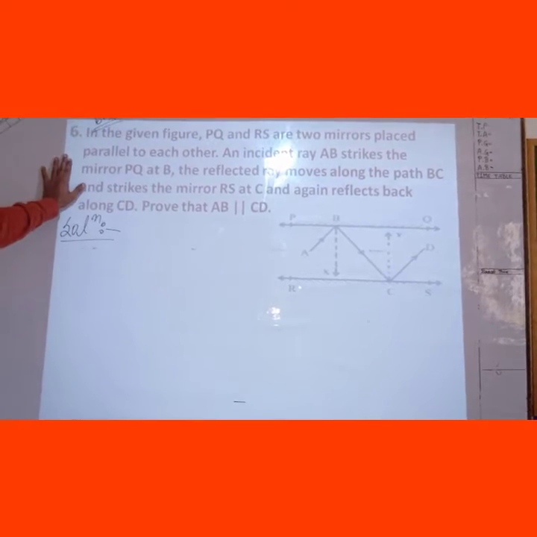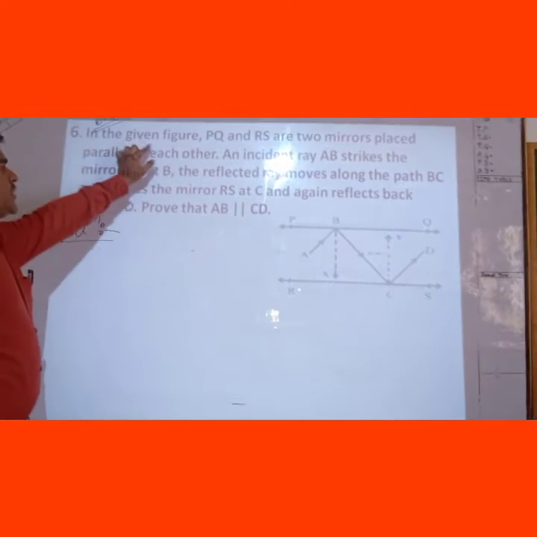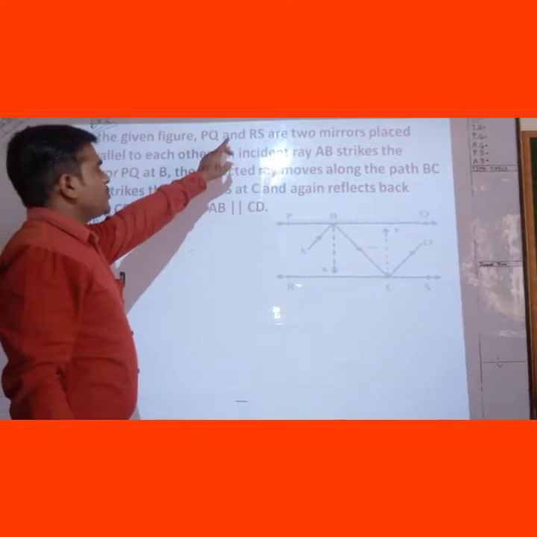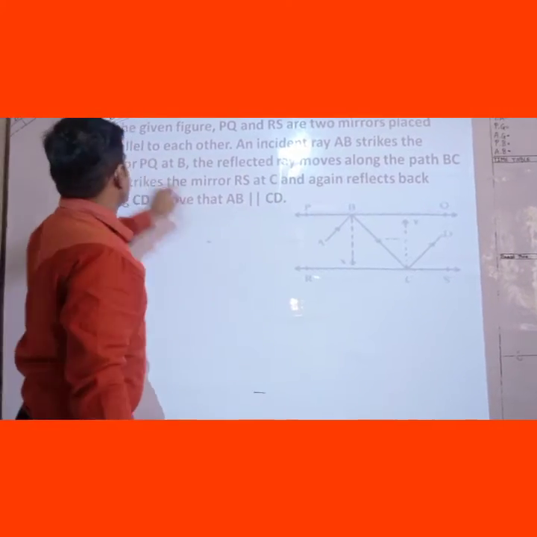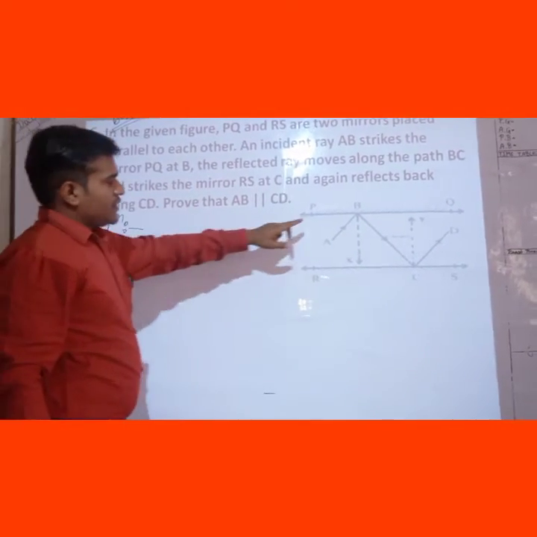Question number 6. Given that in the given figure, PQ and RS are two mirrors placed parallel to each other.